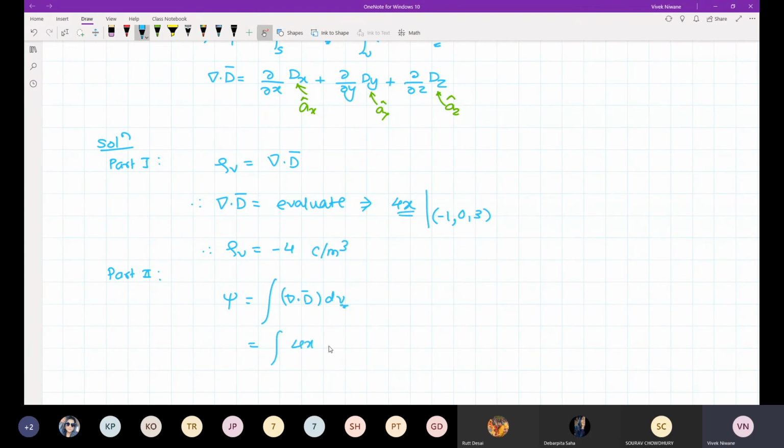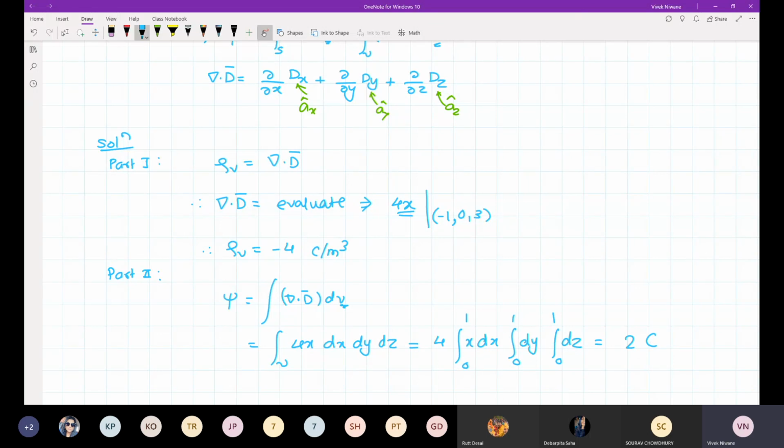What is the volume in Cartesian coordinate system? It is dx dy dz. So we can write this as 4 is a constant, integral x dx, then integral dy, then integral dz, and all of x, y, z vary from 0 to 1. And you will have a final value of 2 coulombs.